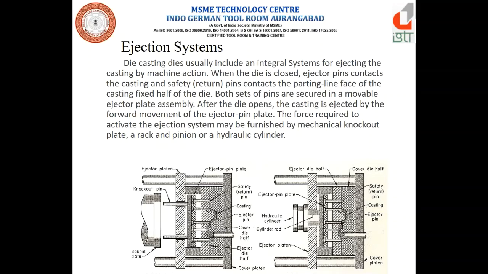Both sets of pins are secured in a movable plate assembly. After the die opens, the casting is ejected by the forward movement of the ejector pin plate. Force required to activate the ejection system may be furnished by a mechanical knockout plate, a rack or pinion, or a hydraulic cylinder.